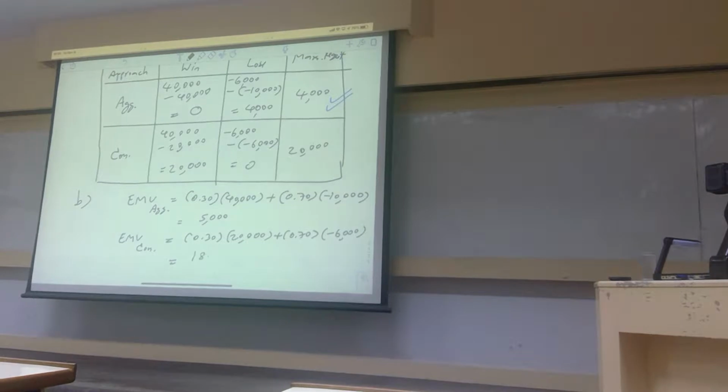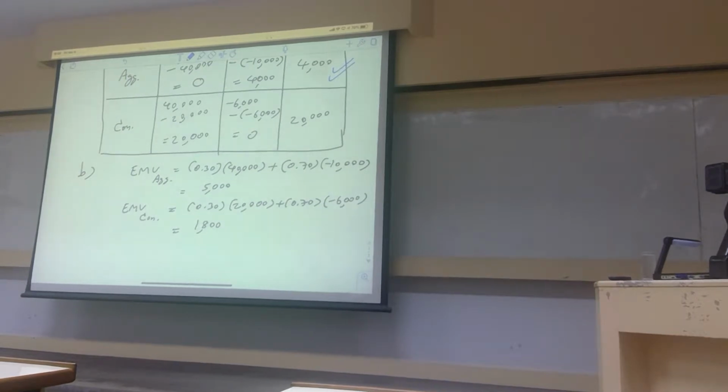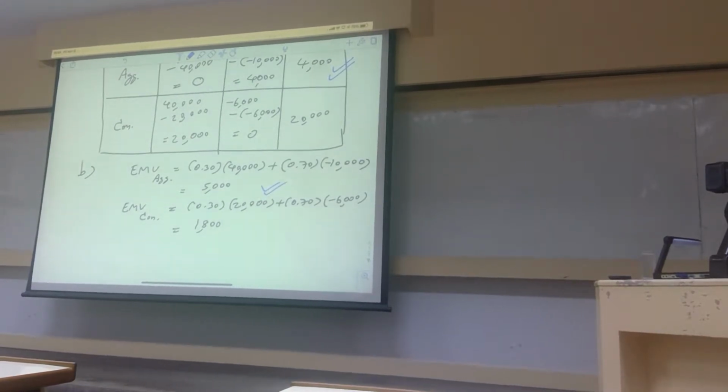So we're going to have 1,800. And again, based on the EMV approach for decision making under risk, we select the alternative that provides the highest EMV. So in this case, it is still aggressive.